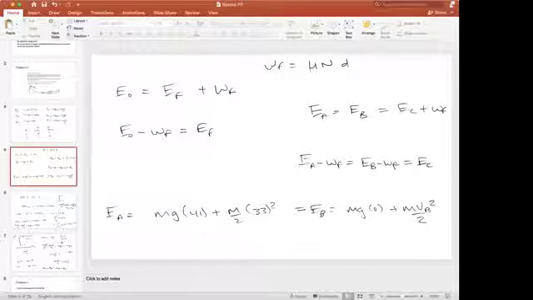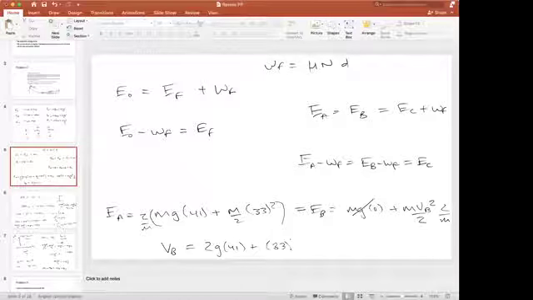The reason I'm not putting in the mass yet is you can see it'll cancel out through everything. So we can find v_B. If I multiply through by 2 over m on both sides, I get 2g times 44 plus 33 squared, and this is v_B squared, so I need a square root.